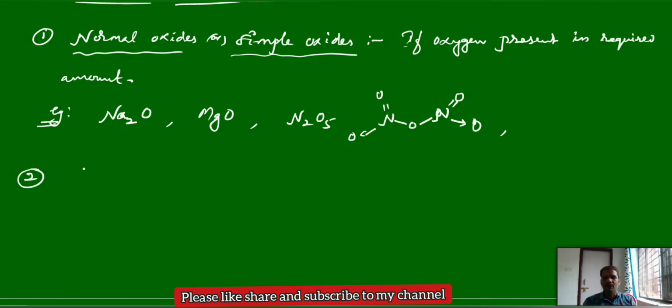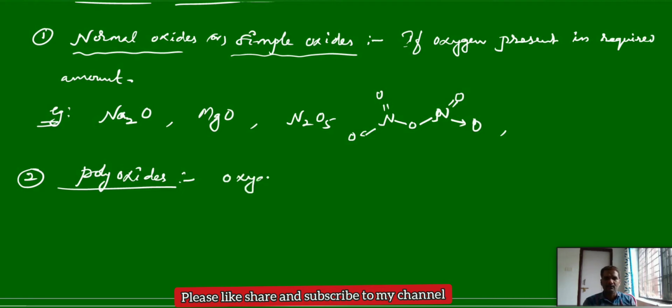Second one, polyoxides. Here the content of oxygen is more than the required valency of the element, and they are called polyoxides.